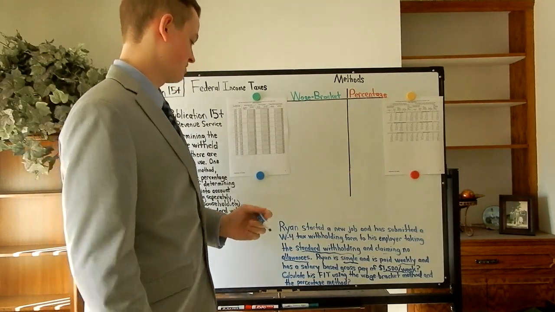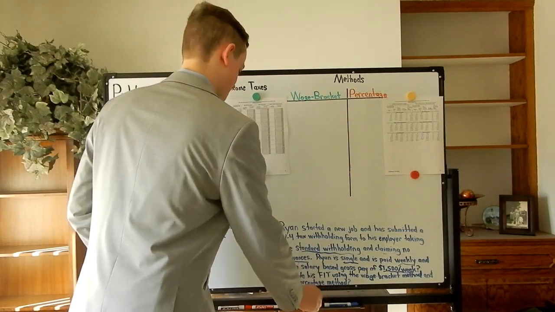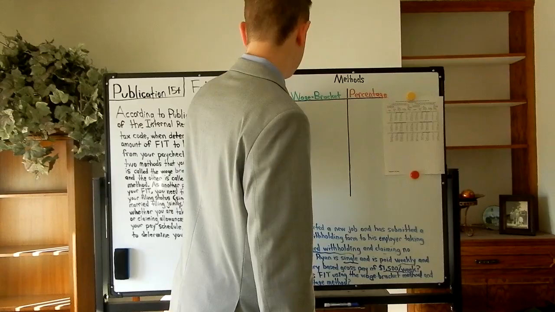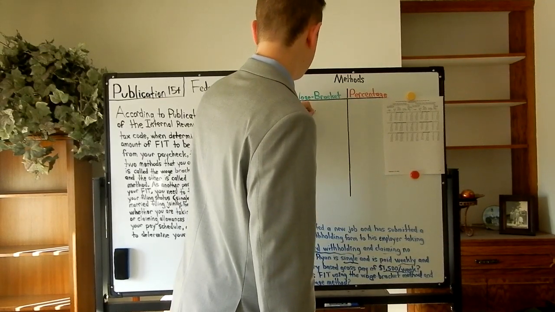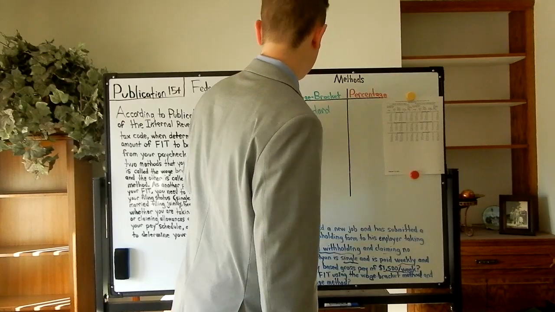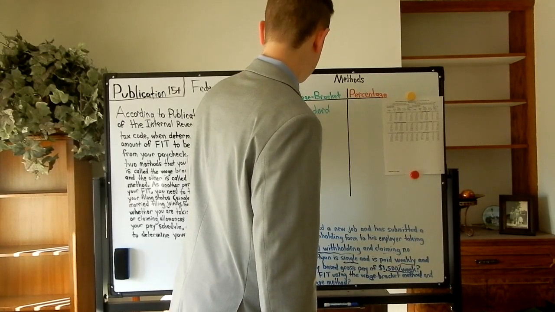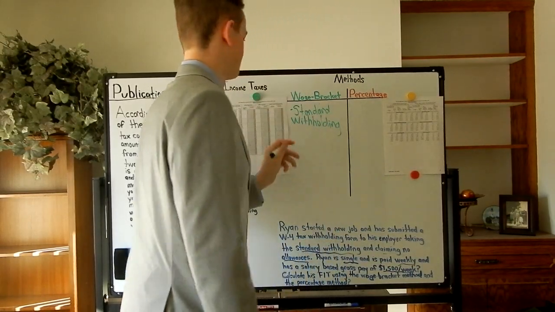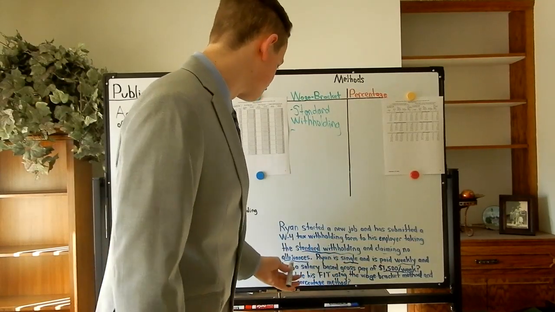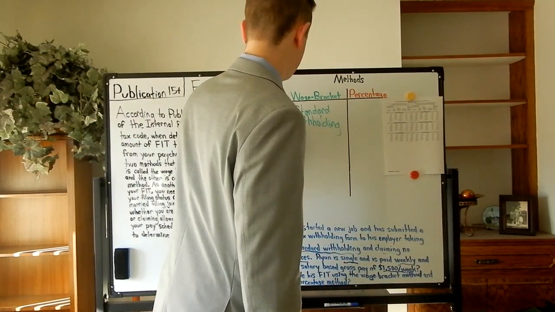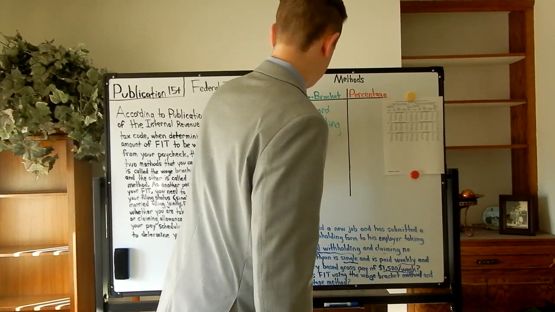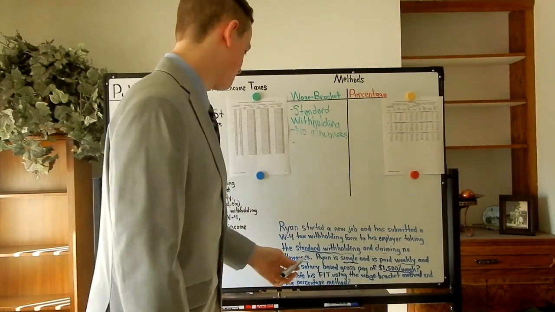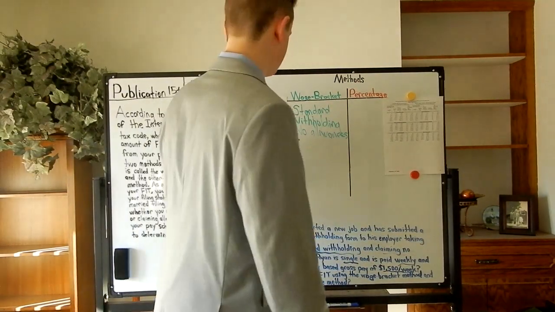That being said, we'll write it on here. So firstly, Ryan is taking standard withholding. That's the first one. And then no allowances. Thirdly, we have single.